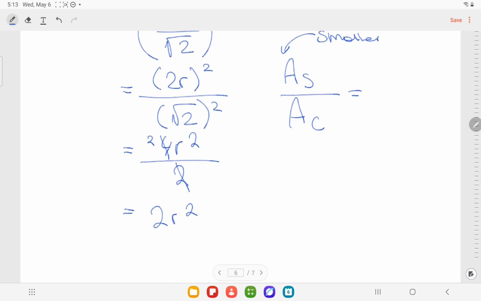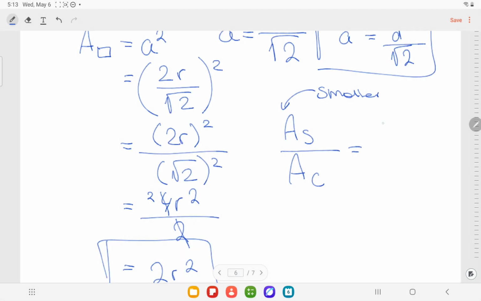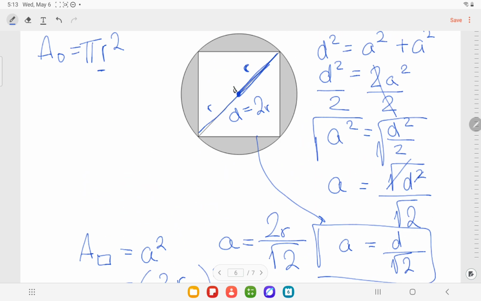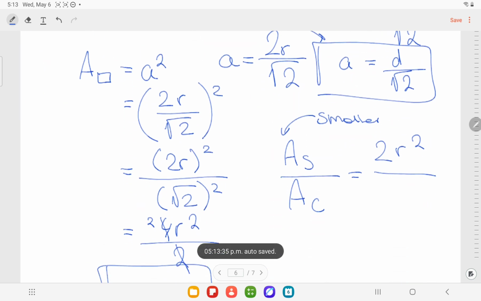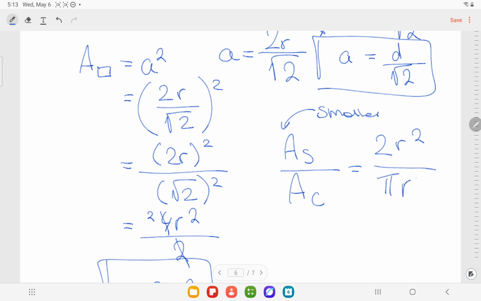And the area of the square is what we found here, which is 2r squared. And the area of the circle is the formula here that you guys have to memorize, which is pi r squared. And as you can see, the r squareds will cancel.